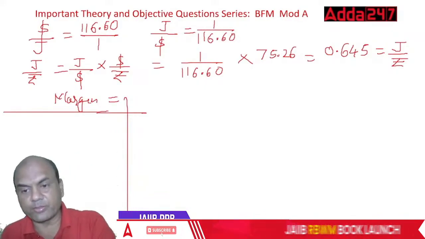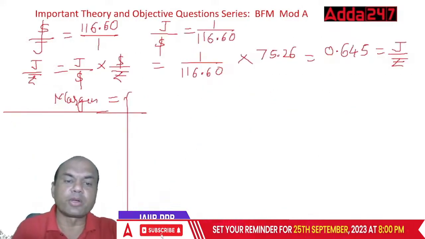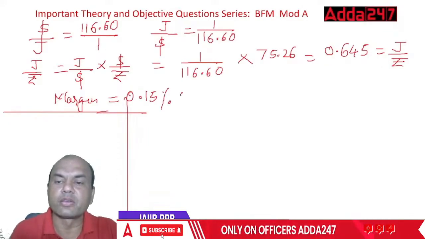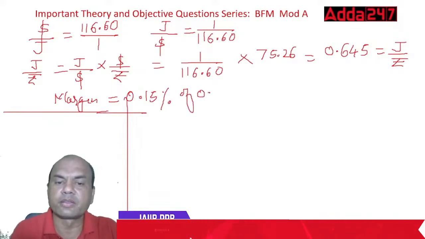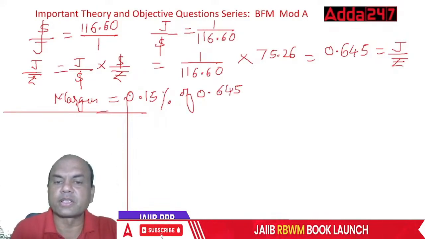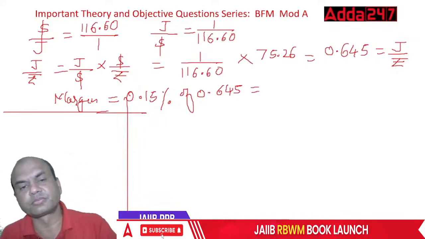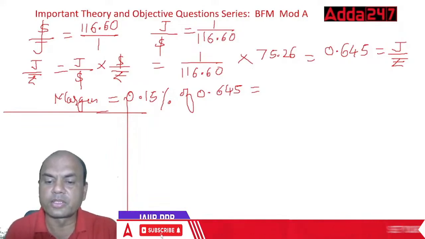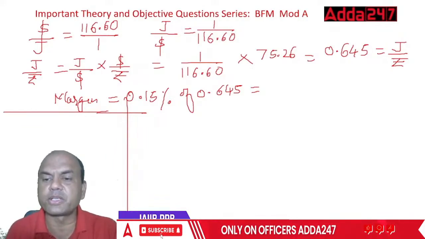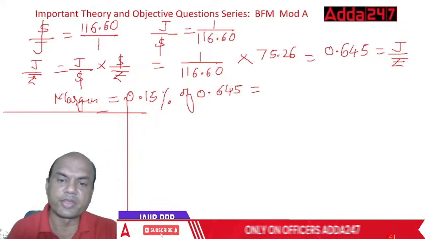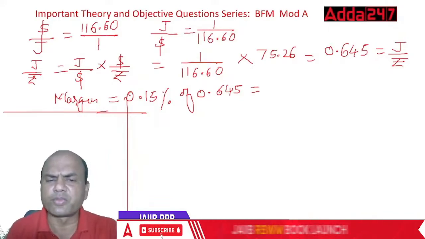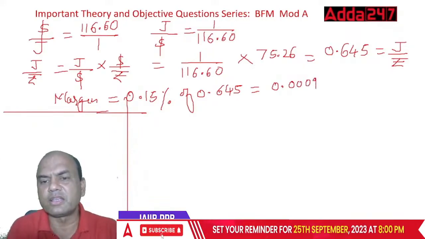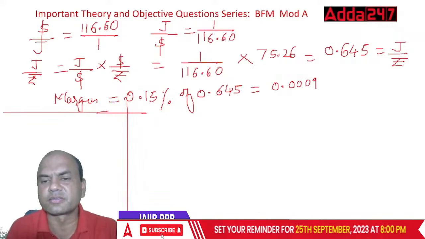The margin given is 0.15% of this rate, 0.645. 0.15% means 0.0015. So 0.645 into 0.0015 is very less, 0.00096.